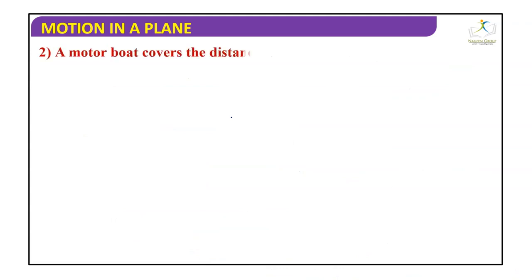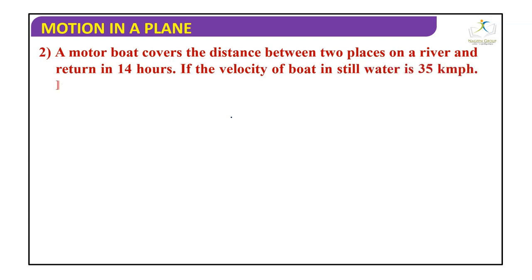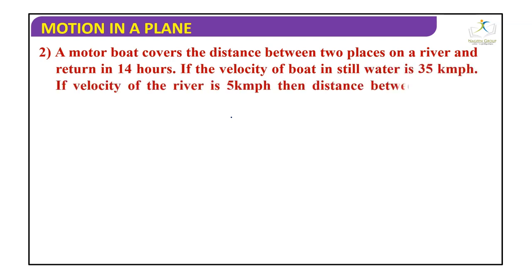Moving ahead, a motorboat covers the distance between two places on a river and returns in 14 hours. If the velocity of the boat in still water is 35 km per hour and the velocity of the river is 5 km per hour, then find the distance between the two places.